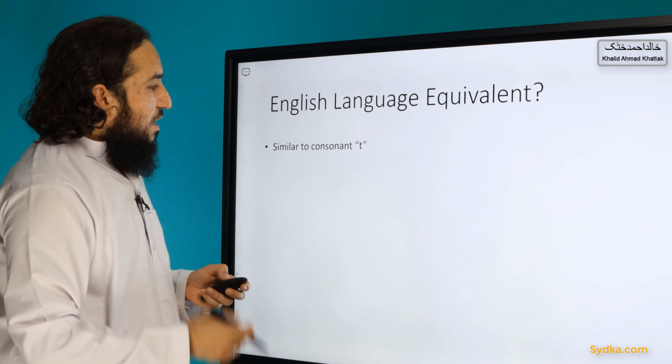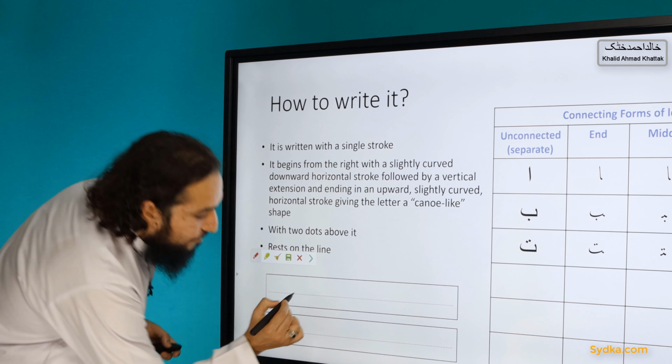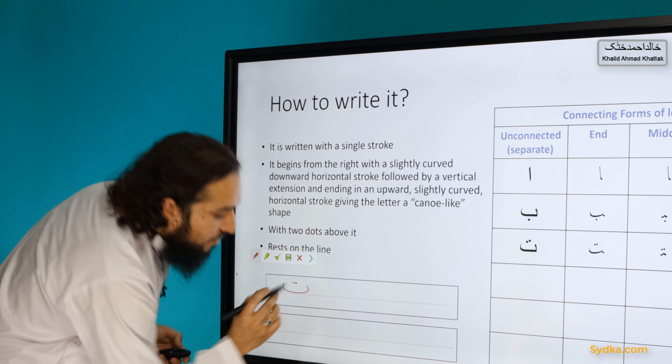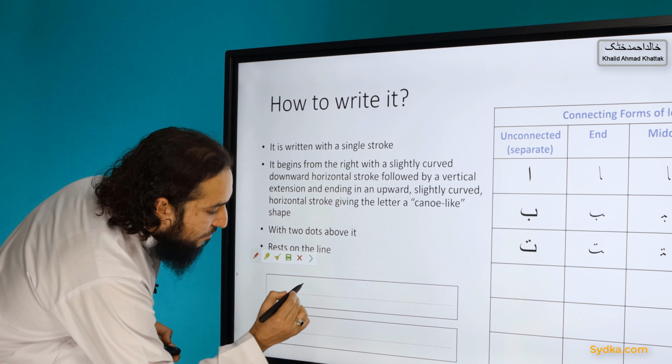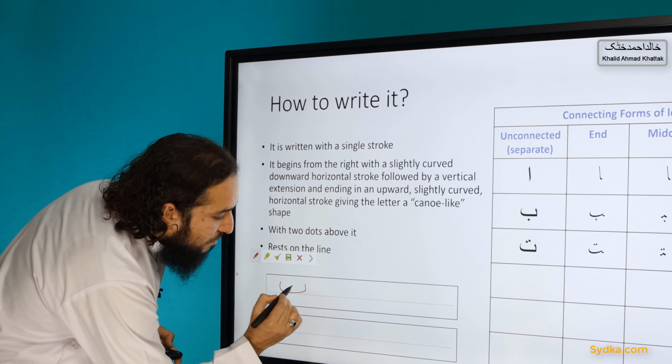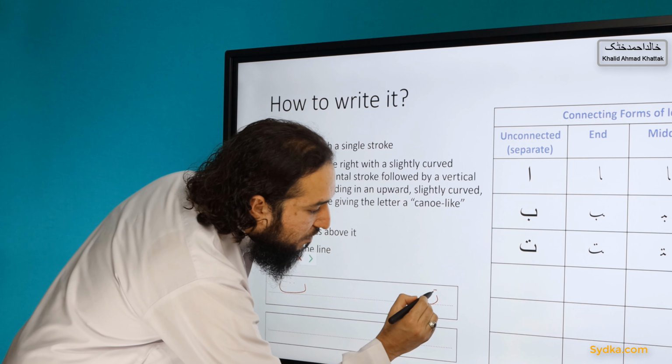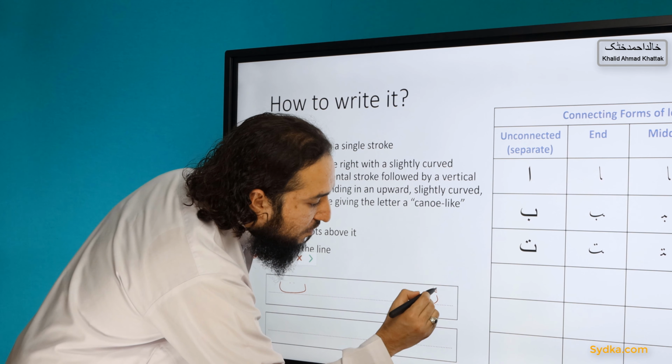Practical, how to write it. If it's in the separate form, you start like this, one line, two dots, one, two. It stays on the line. If it's in the beginning, two dots, one, two.